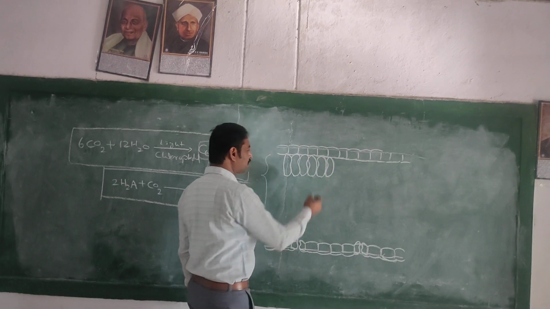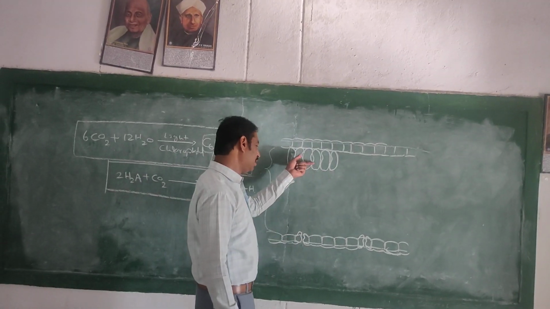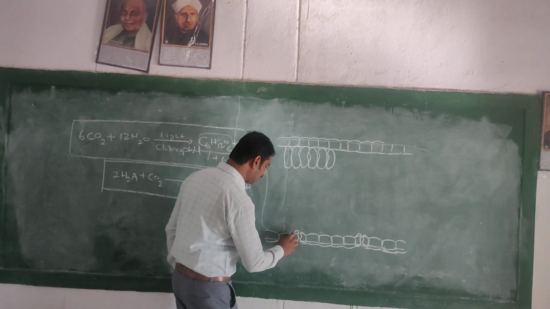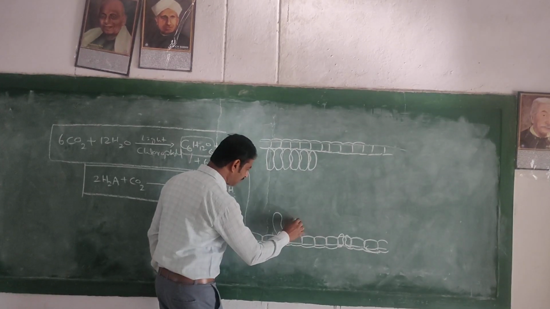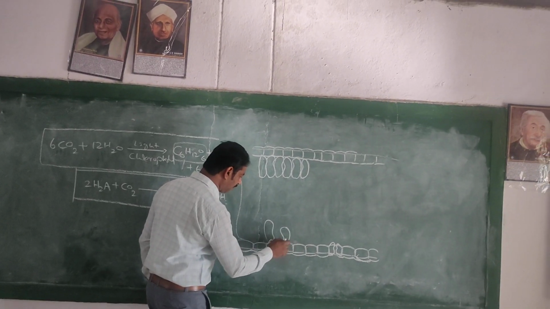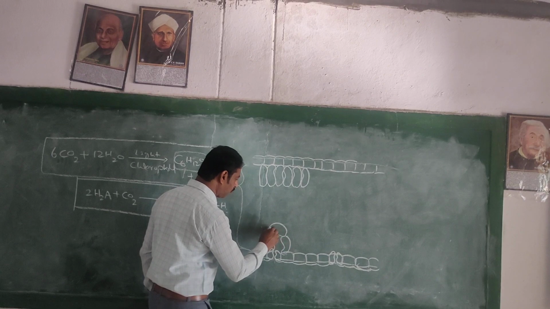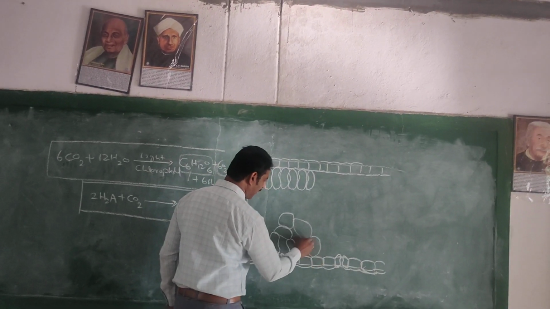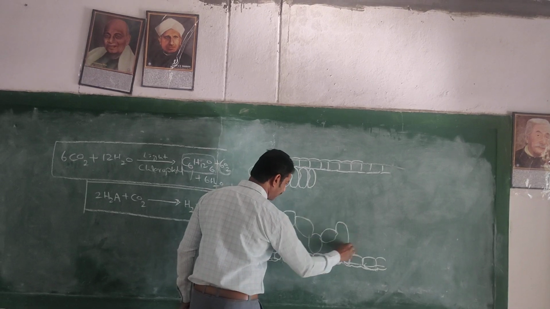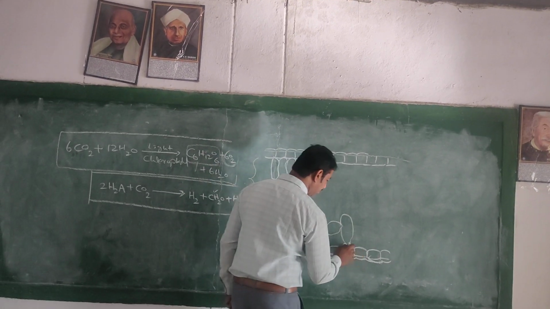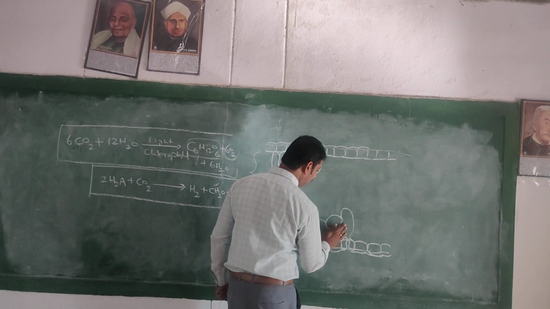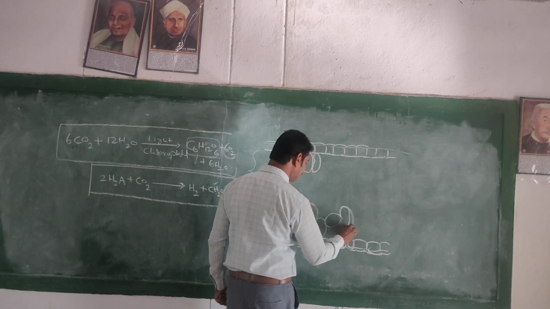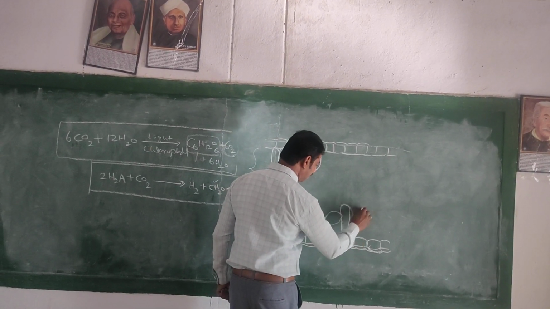On the lower side of the leaf, cells are loosely packed and intercellular spaces are more. These cells are called spongy parenchyma.